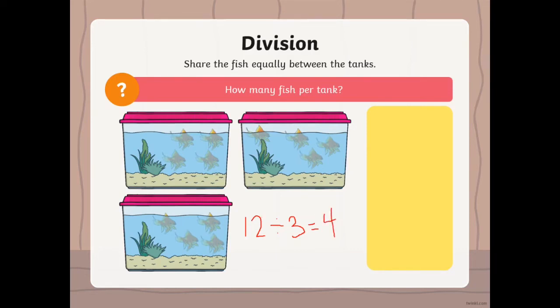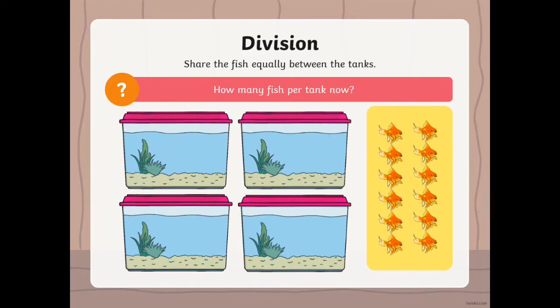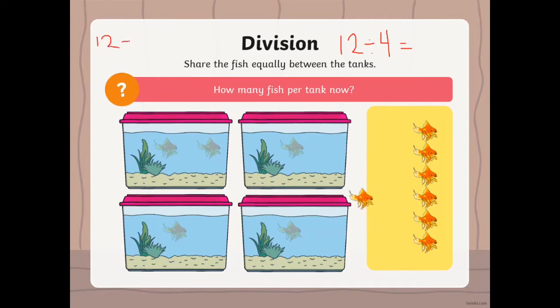Okay, so the next question. How many fish per tank now? It's the same number of fish, 2, 4, 6, 8, 10, 12. But now we're dividing them amongst 4 tanks. So it's not 3 tanks this time. So I wonder what the answer will be. And remember, the last question we discovered that 12, when it was divided into 3 tanks, there would be 4 in each one.